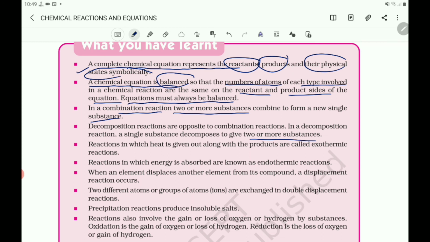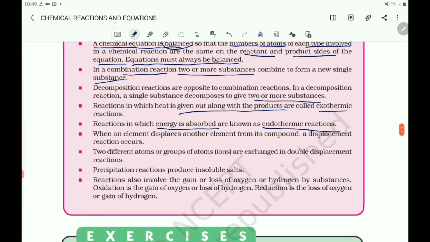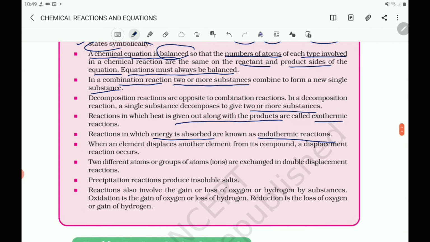Reactions in which heat is given out along with the products are called exothermic reactions, and reactions in which heat or energy is absorbed are known as endothermic reactions. When an element displaces another element from its compound in a solution, it is called a displacement reaction.